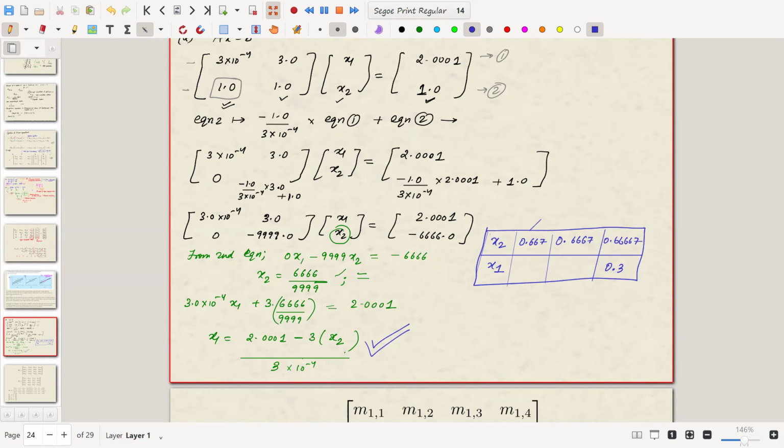Okay, you can do the second one. Second one, this column should do. I will ask randomly.